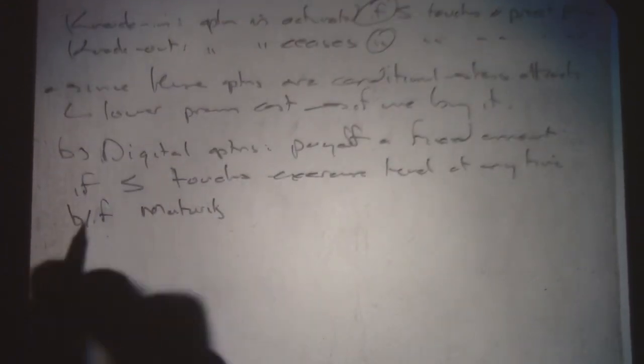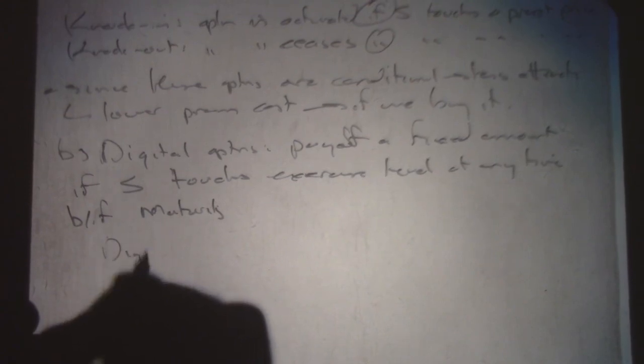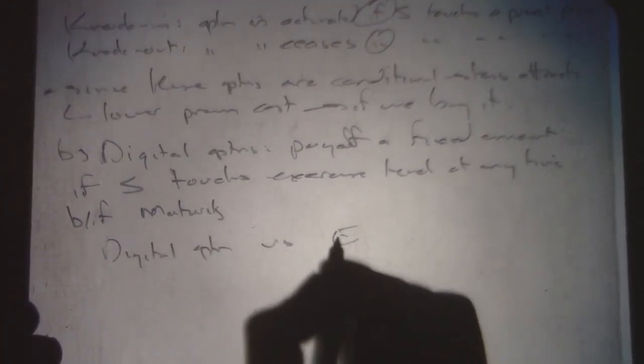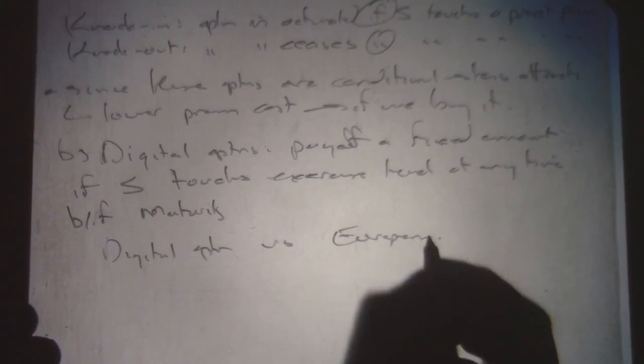So, digital option versus European. When is the payoff?